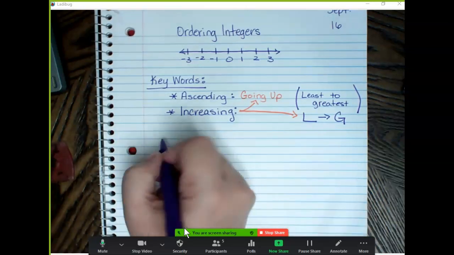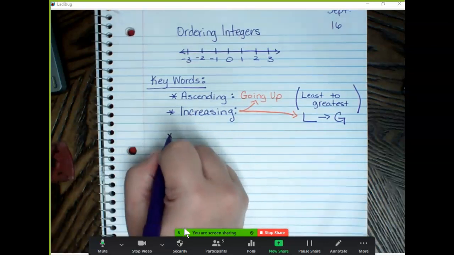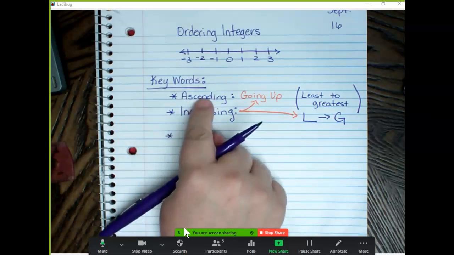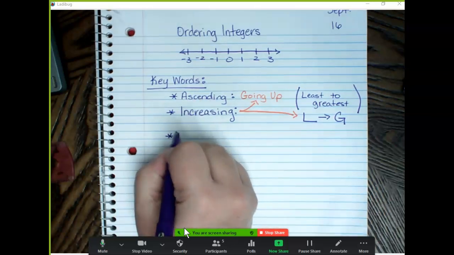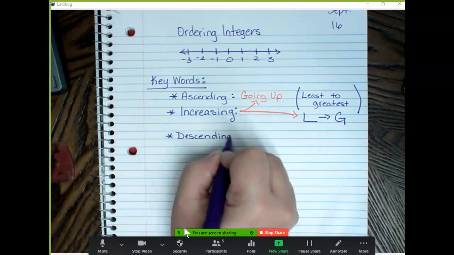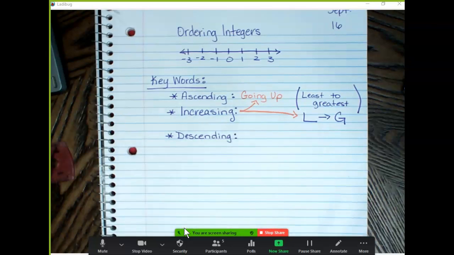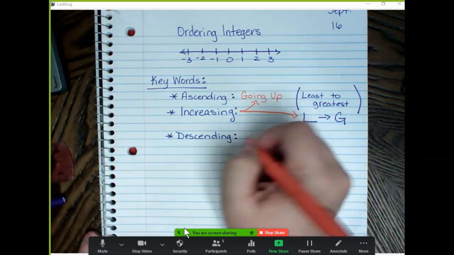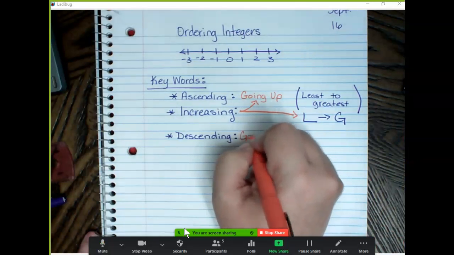All right, the opposite key word is, if it's not ascending, it is called descending. And if ascending means going up, what do you think descending means? Going down. You got it, going down.